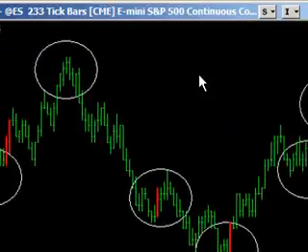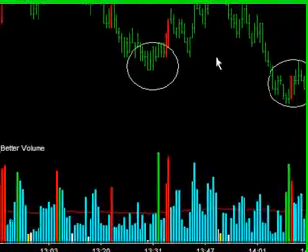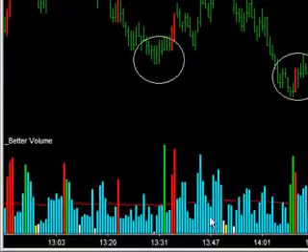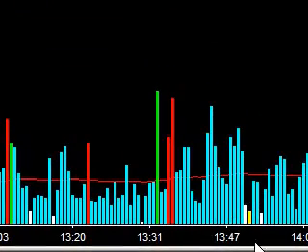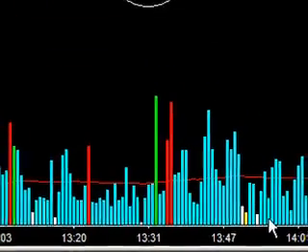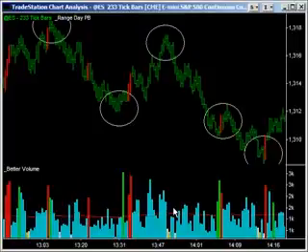And then the third pattern is in the middle here. What we can see around here, if you go down to the better volume indicator, you see we've got a low churn bar followed by a low volume bar. Both of those bars, whether they're occurring together or separated or one or the other, happen frequently at tops.